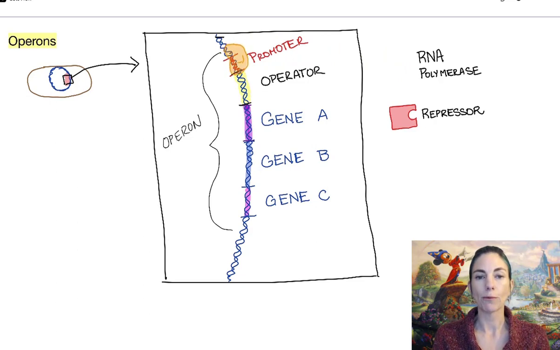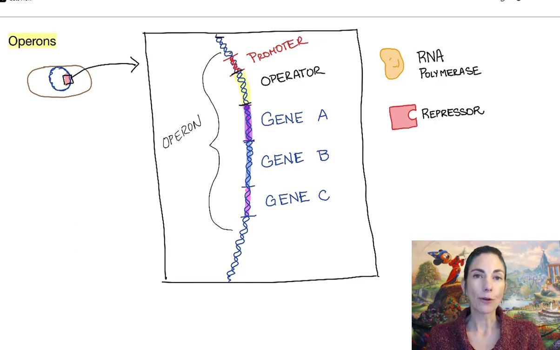So let's assume that RNA polymerase comes down here to the promoter. If RNA polymerase is now allowed to move along this double-stranded DNA helix, it will transcribe genes A, B, and C. However, if RNA polymerase is somehow not allowed to move past this region, then no transcription of genes A, B, and C will happen.